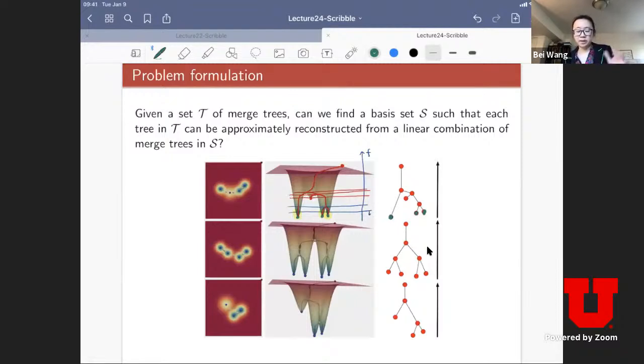Okay, so this might be a little bit foreign to you, but if I just think about T to be a collection of high dimensional vectors, and I'm going to find a basis collection of high dimensional vectors such that every input vector is a linear combination of vectors in my basis.